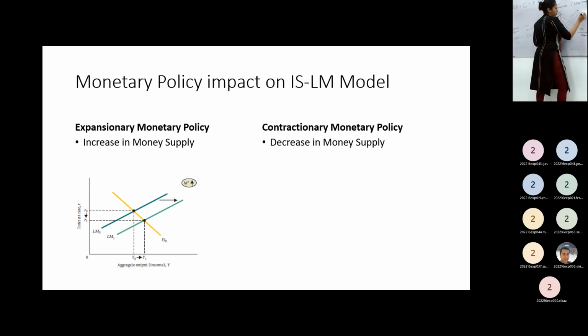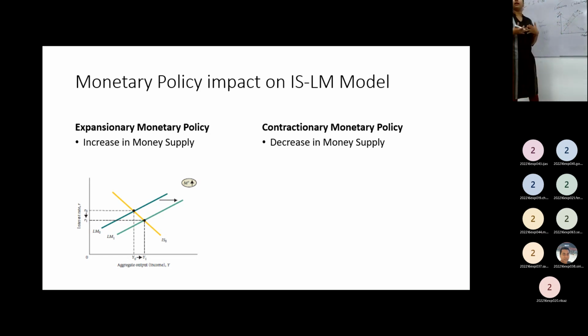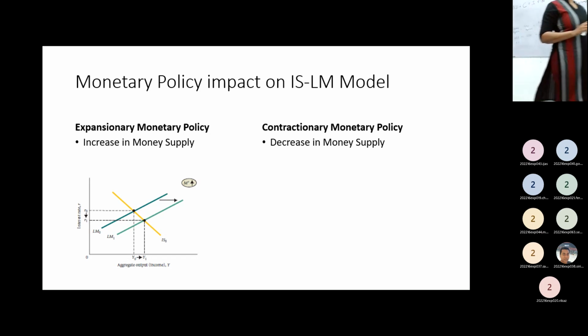It's always a parallel shift. So it will create a new equilibrium. What is happening to the interest rate? The interest rate increases, so borrowing will become expensive. Output also reduces from O1 to O2. So this is your new equilibrium. That is how contractionary monetary policy can be shown on the graph.